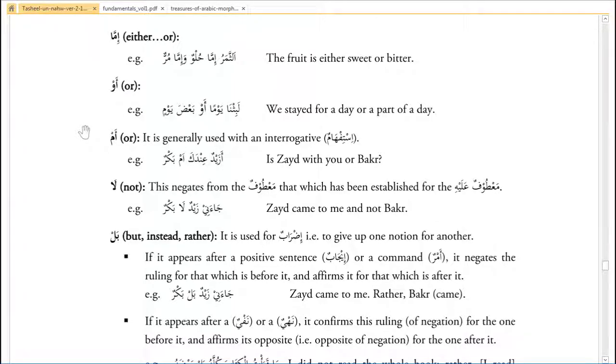So try to study them, try to memorize them, so when you read Quran, you understand which one is used and what is the meaning, and if it is ataf with delay, ataf without delay, and the rest.